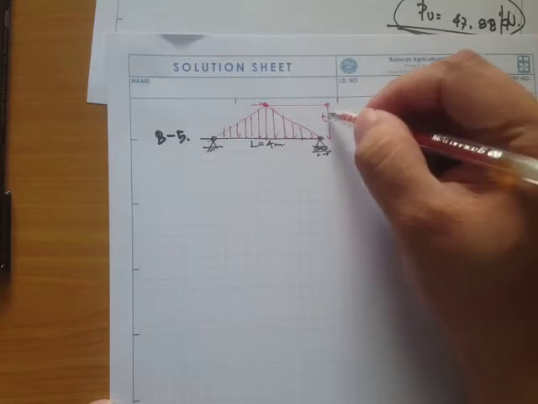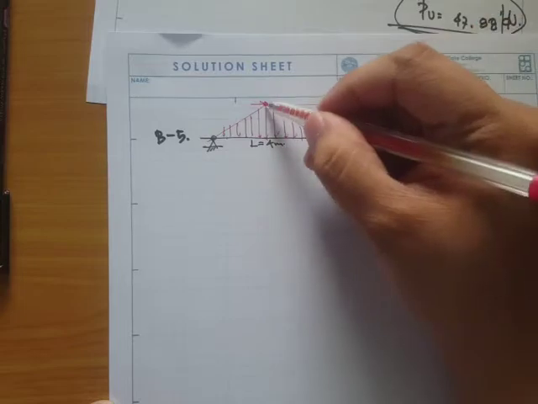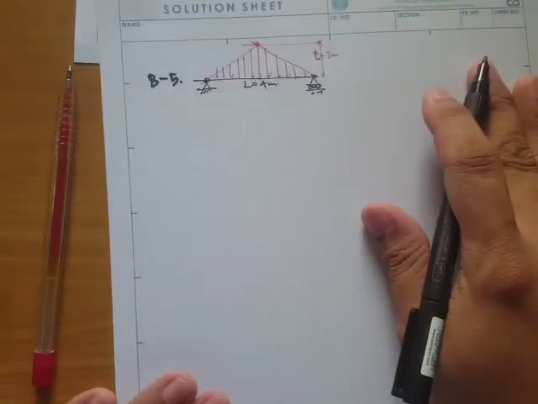If we try to consider this something like a tributary width, it's not actually a tributary width. We can find this value as 6.16.